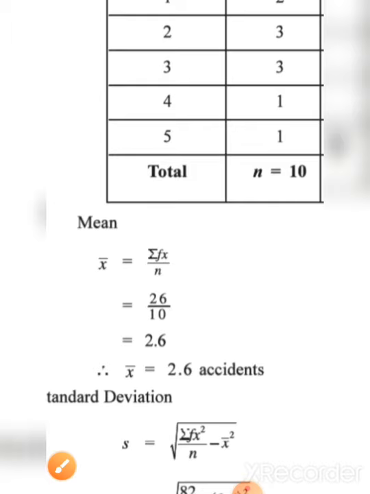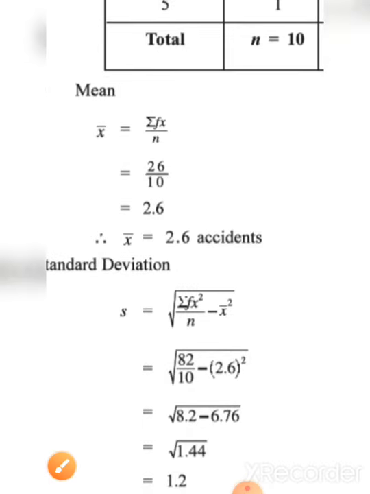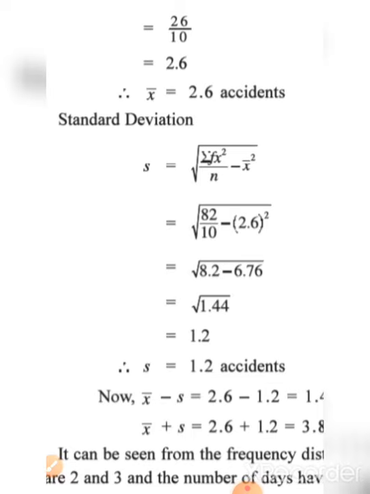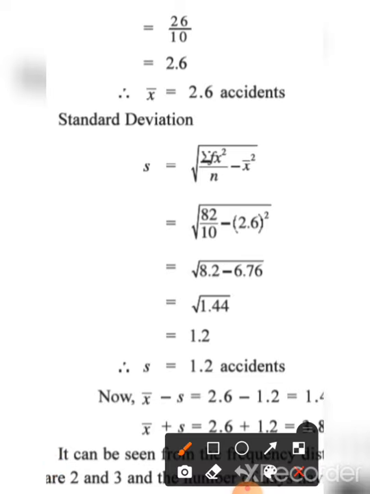Now comes the standard deviation. As you know the formula for standard deviation, it is under root sigma fi xi square upon n minus sigma fi xi upon n whole square, and that is actually your mean whole square.